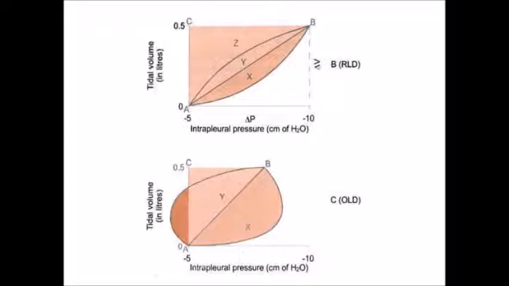It is the diagram of calculation of work done during OLD, meaning obstructive lung disease. You can see in obstructive lung diseases it is bulged and some part of the graph is going beyond the y-axis, the dark area, while in the above diagram of restrictive lung disease more work is shown during inspiration and the diagram is horizontally flattened.